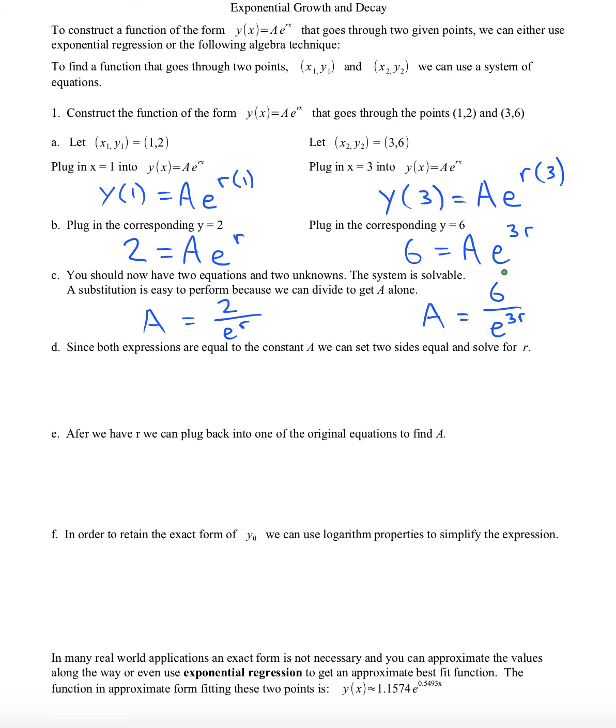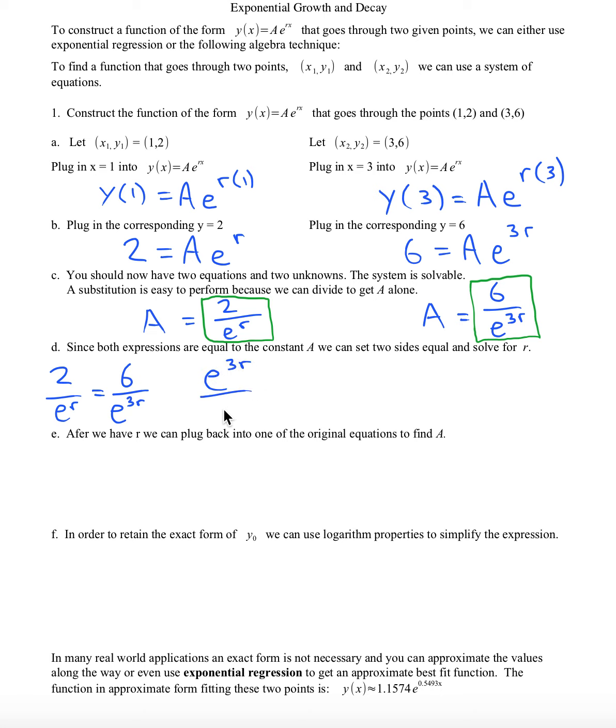The reason why this is helpful is if this expression is equal to a and this expression is also equal to a, then they must be equal to each other. Now I can cross multiply and rearrange the terms.